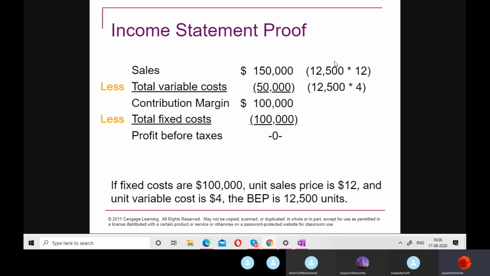Break-even point in units was this much. I'm converting that into sales, multiplying with the selling price per unit, and variable cost into variable cost per unit. I got this. So now contribution and my fixed cost is this much. So profit before tax is 0 because I'm speaking about the break-even point.